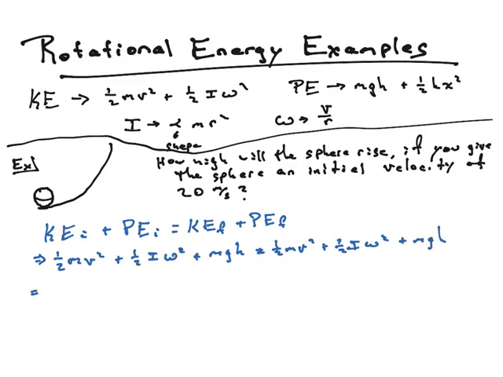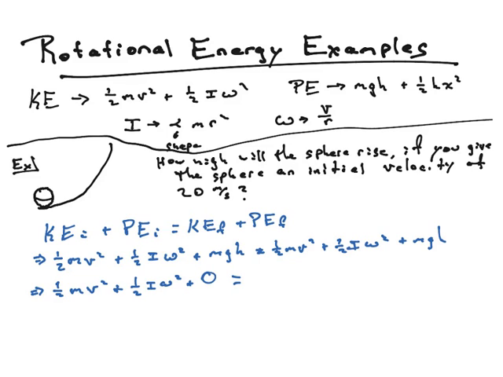So we have to keep 1/2 mv squared. And then, of course, if the thing's moving and it's allowed to roll, then it's also rolling. It's already spinning: 1/2 I omega squared. Now the initial position. Am I some distance above the ground yet? No, I'm at the bottom of the hill, so no mgh.